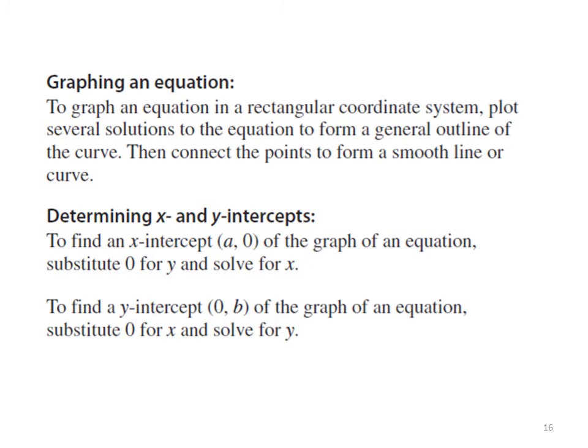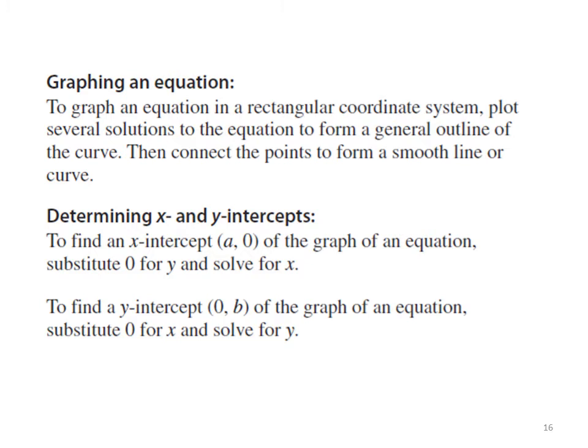There are some points that are important to find the graph of an equation. We would like to see how we can find the x and y intercept. The x-intercepts are those points where the graph intersects the x-axis. So there will be points of this form, some value for x, and the y value here will be 0.